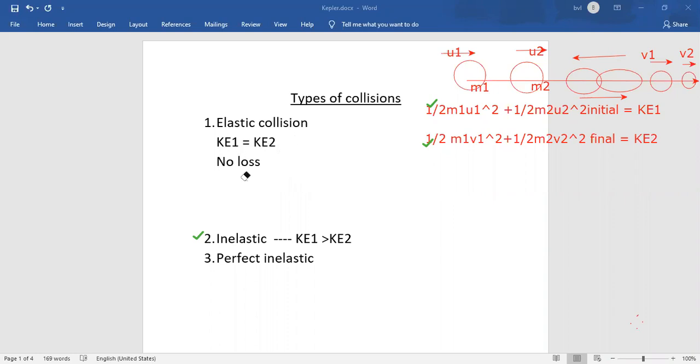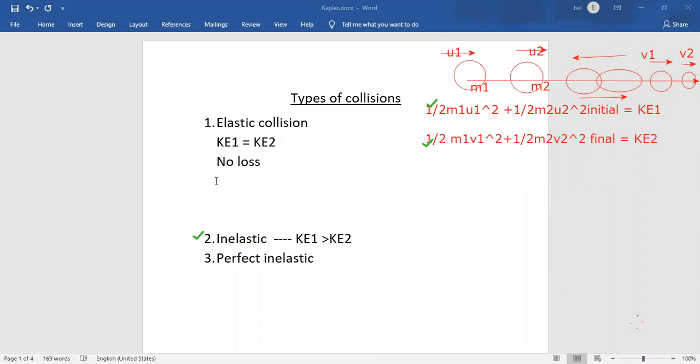There is no loss. But in the case of inelastic collision, kinetic energy is not conserved. Kinetic energy before the collision is always greater than the kinetic energy after the collision.